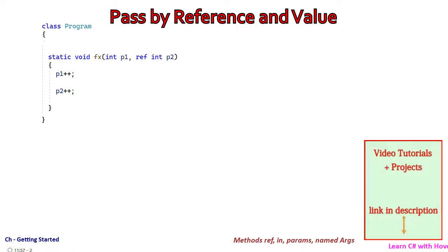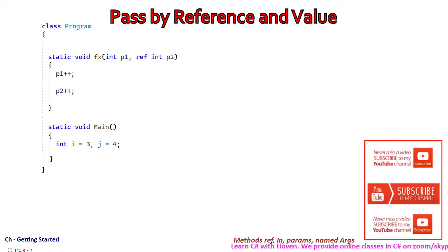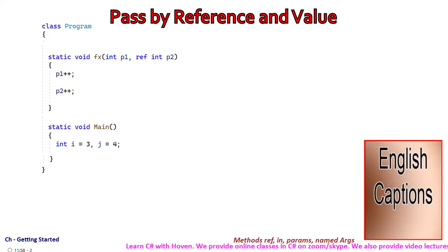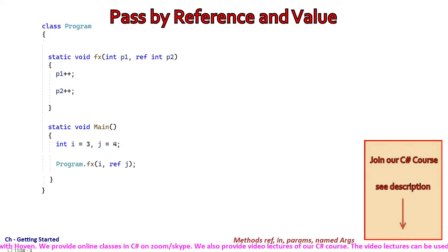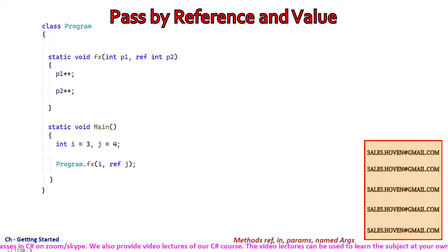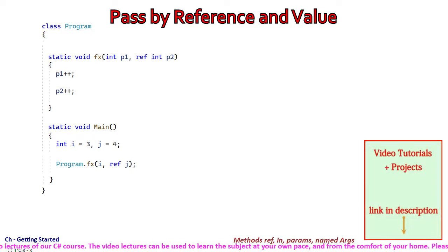Inside the body we increment both the arguments, and next we have the main function where we create two int type variables i and j. These variables are passed to the function. The function is a static function, so we have called it by using the name of the class, Program dot. The variable i is passed by copy and the variable j is passed by reference.